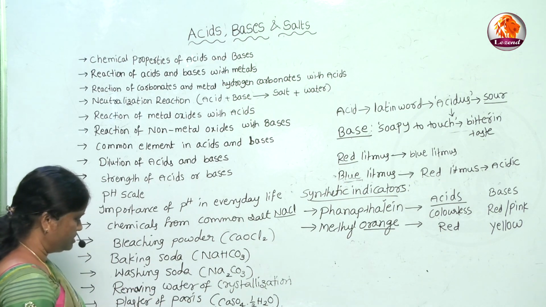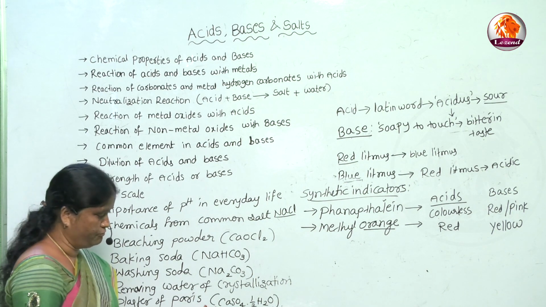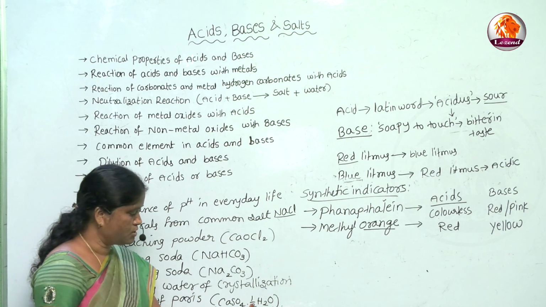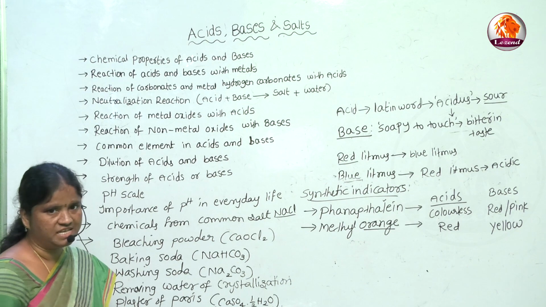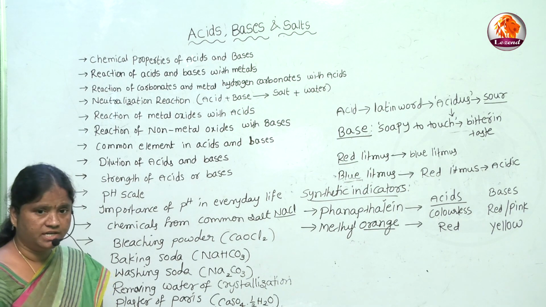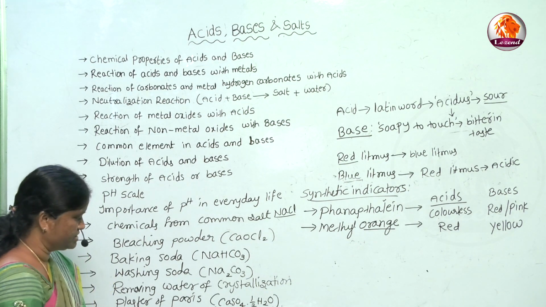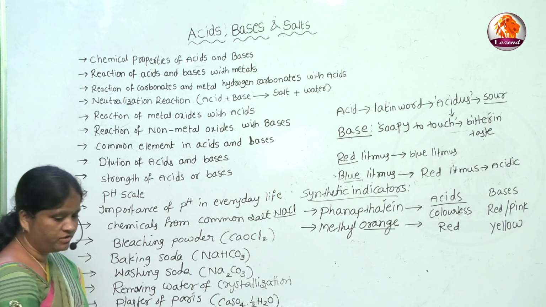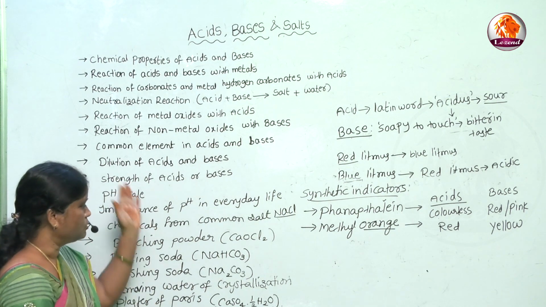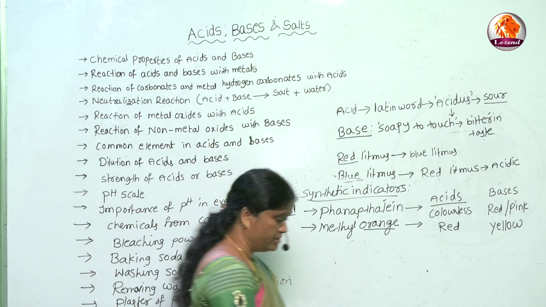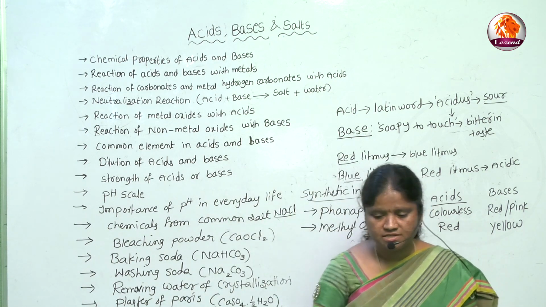And also one more chemical, plaster of Paris, CaSO4 half H2O, gypsum and plaster of Paris. How we get it by removing water of crystallization, and also the uses of plaster of Paris. So these are the topics we have in acids, bases and salts.